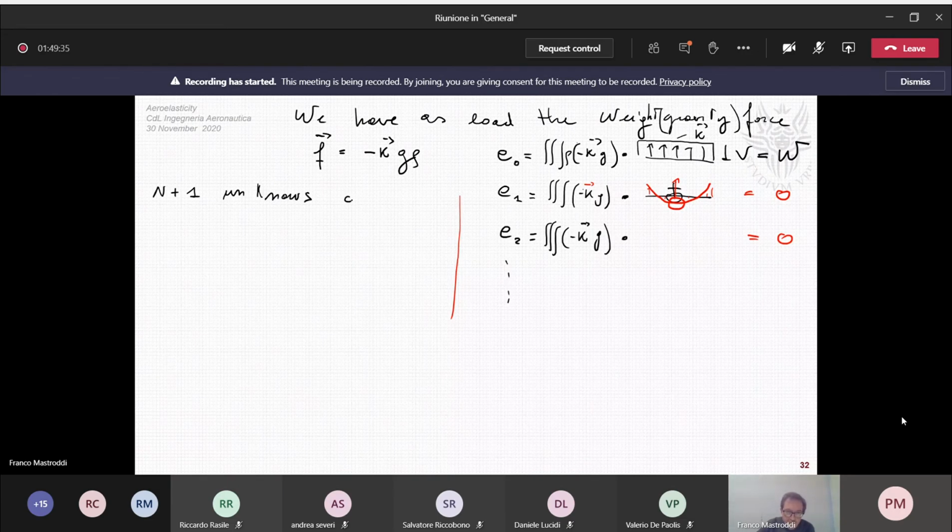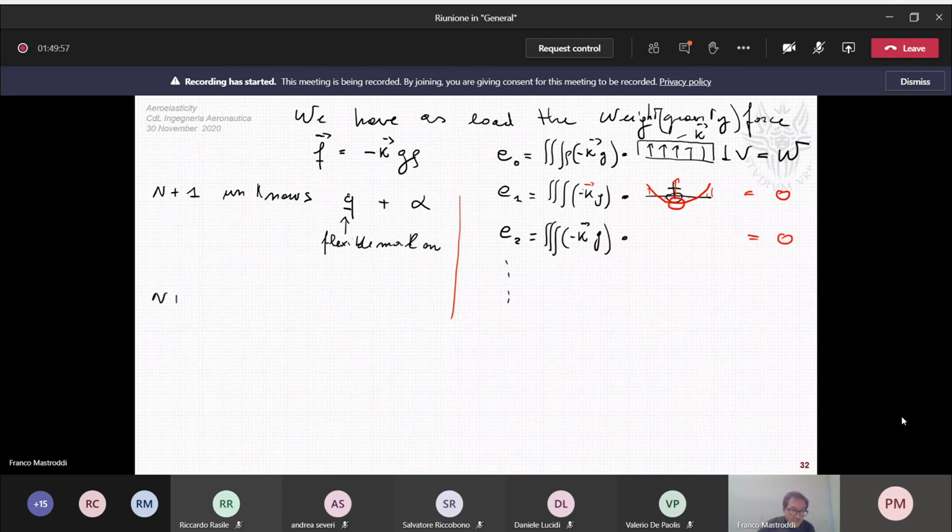and we have the Lagrangian flexible modal coordinates, only the flexible ones, not the rigid body, because the rigid body is imposed to be 0, plus the angle of attack.